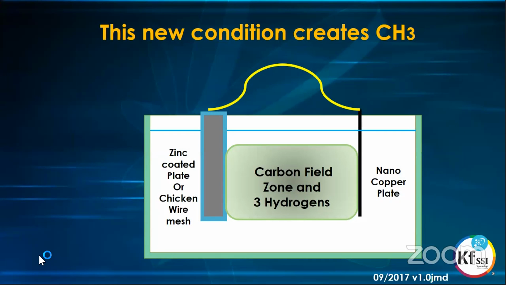So by adding in your zinc-coated steel, you've created an entirely different condition in your box, because the whole purpose is to create the attraction field zone for carbon and hydrogen so that you can make your CH3.